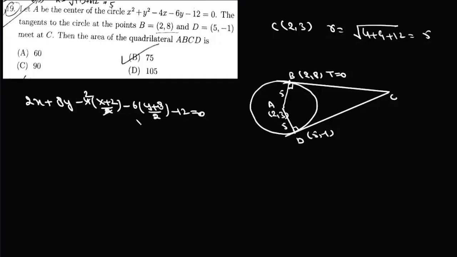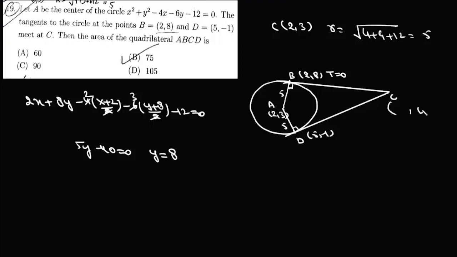Now this is 2 and here this is 3. Now 2x and 2x will cancel. So we'll get 5y and here will be minus 4, minus 24, minus 28, minus 12, minus 40 equals 0. We'll get the value of y as 8.